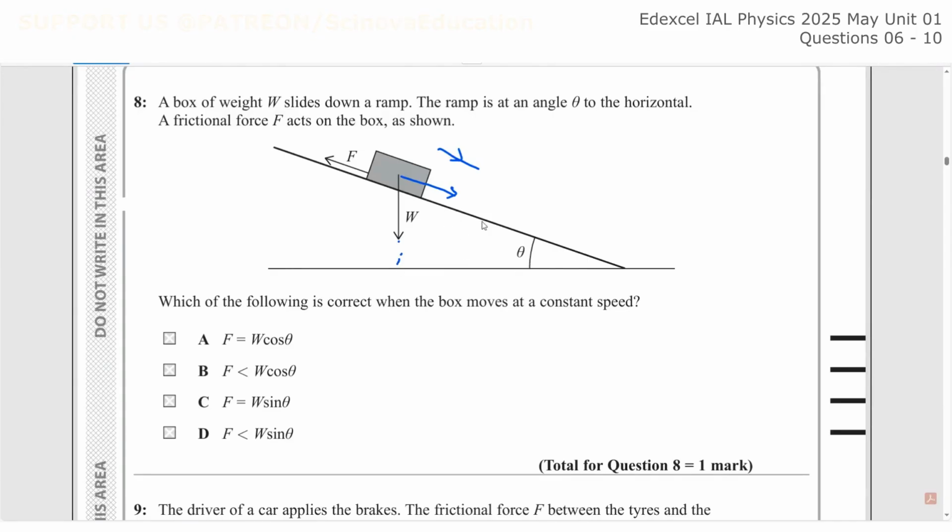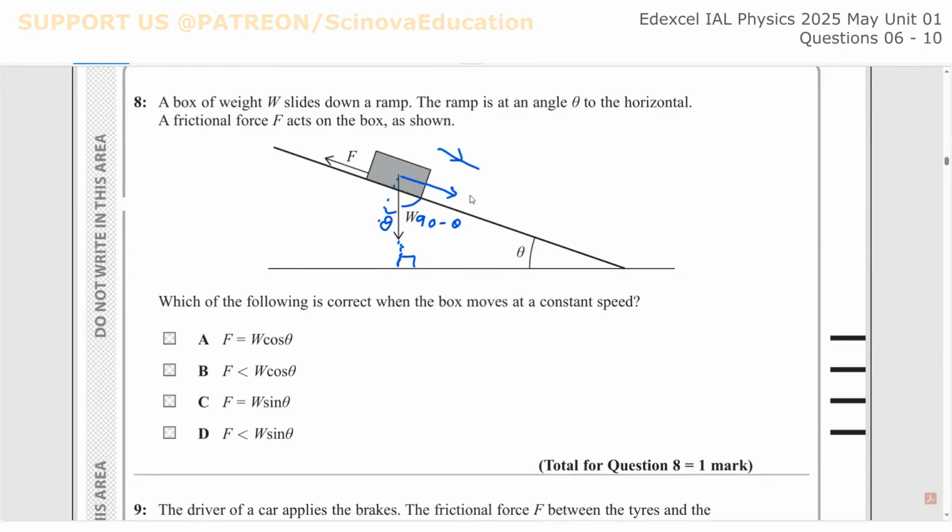In this diagram, they have given us angle theta. If this angle is theta and this angle should be 90 degrees because horizontal and vertical, then the angle between the ramp and the weight would be 90 minus theta. That would give us the angle between weight and the perpendicular component to the ramp to be theta.